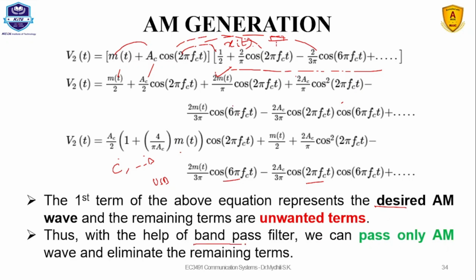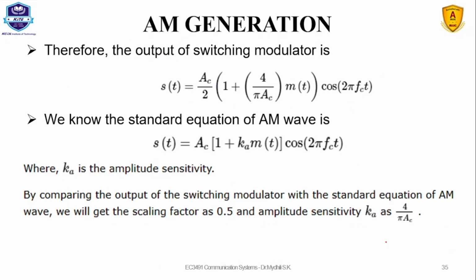So we pass it through a bandpass filter to eliminate the remaining terms and obtain only the three terms which show it is an AM signal. It should have the carrier, lower sideband and upper sideband. Hence this is the concept of the switching modulator.